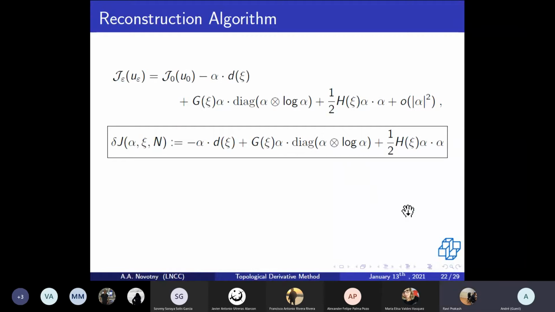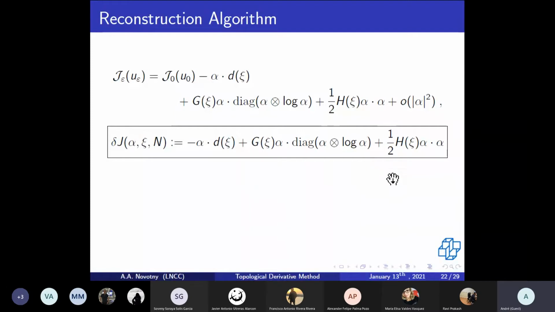So remember our expansion we have found. Since we want to minimize this functional, the idea is to truncate the expansion and observe the behavior of this quantity here.